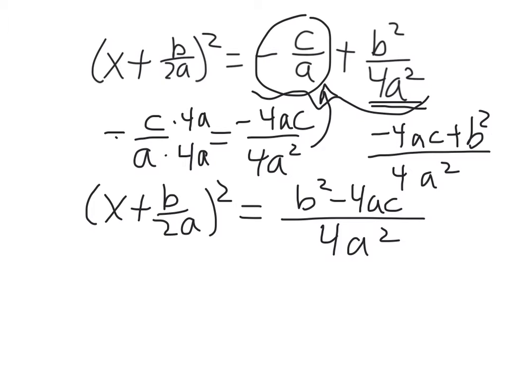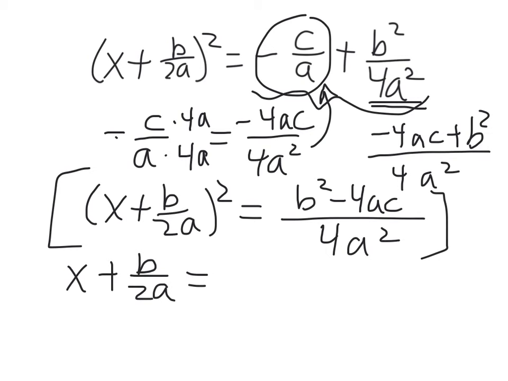And now you can kind of start to see where that quadratic formula is coming from. What would we need to do to this equation now? Okay, square root both sides. And we'll go ahead and do the absolute value property as well, what I like to call the shortcut. We'll have both the positive and negative square root of this side.